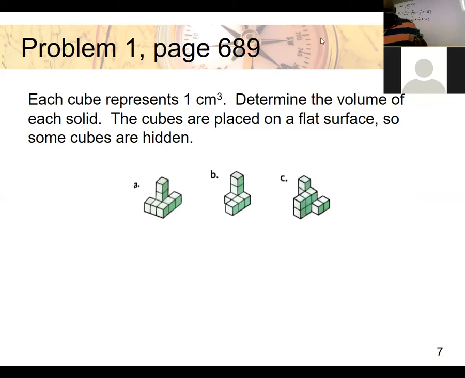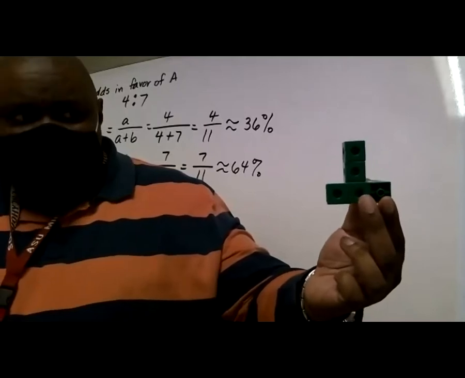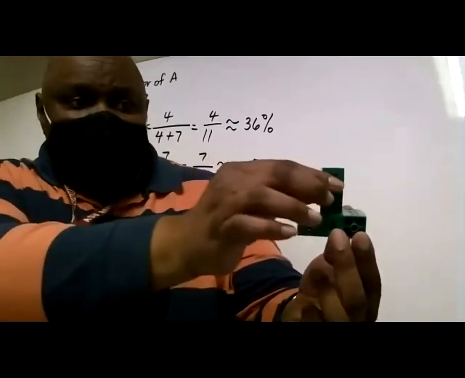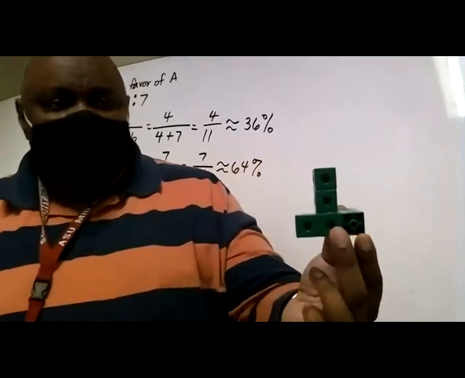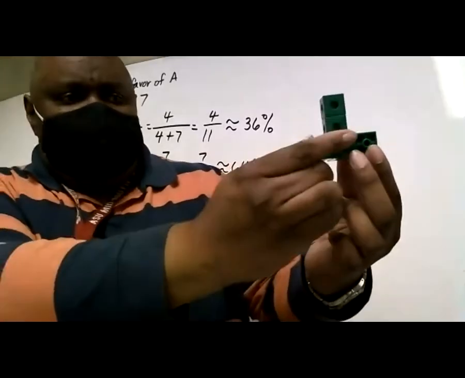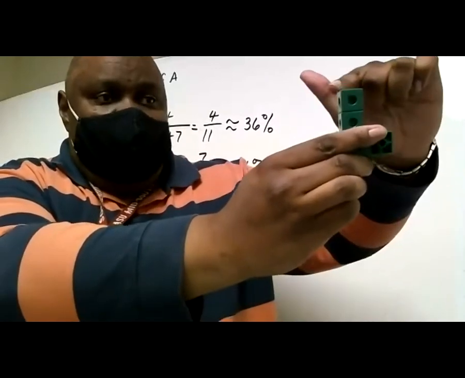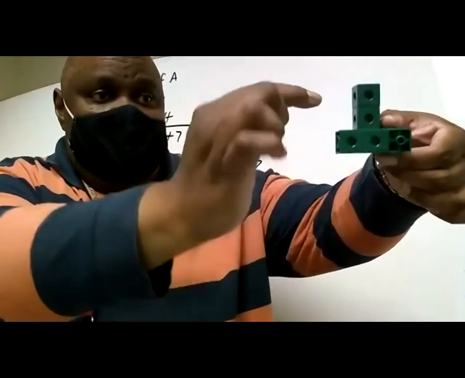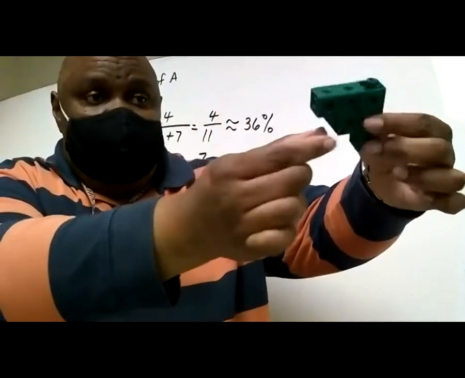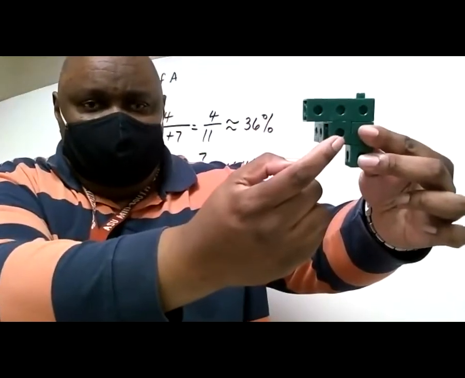So let me stop sharing the screen so that you can see what part A looks like. Kind of looks like this. And we're going to count the number of cubes that I have. Here, the first 3 are obvious. These 2 on the back are obvious. These 2 on top are obvious. But for these 2 to be on top, there has to be another cube here, as you can see.